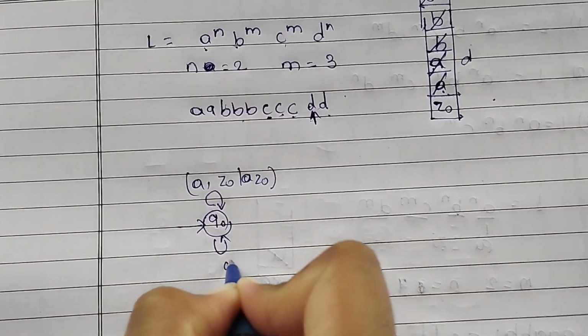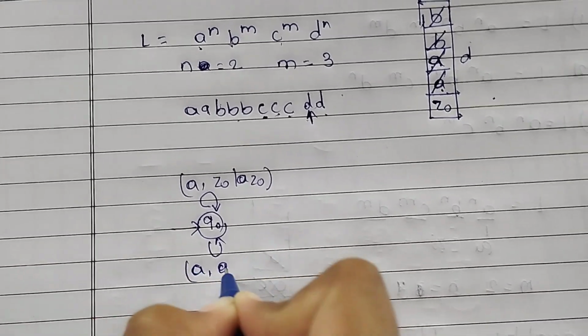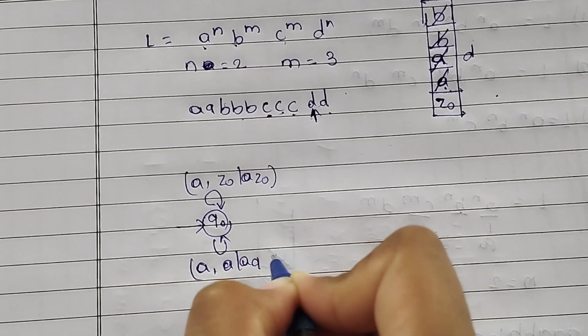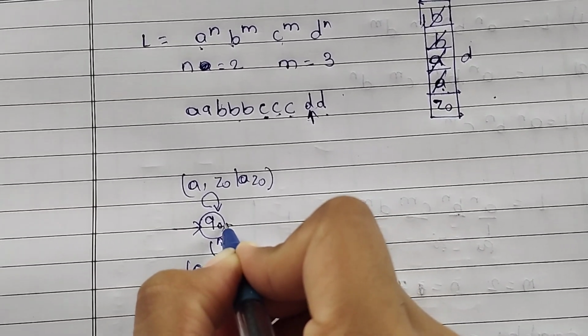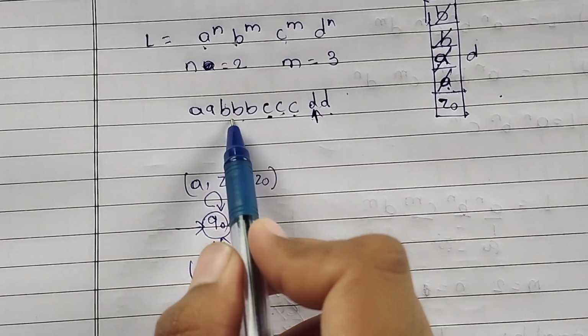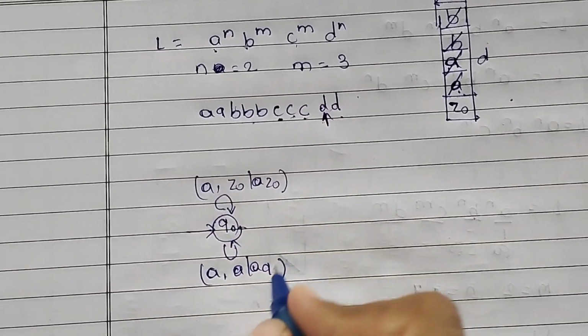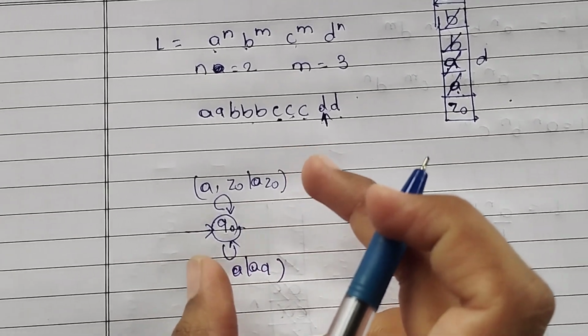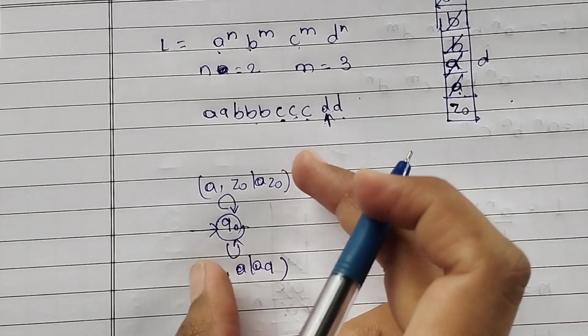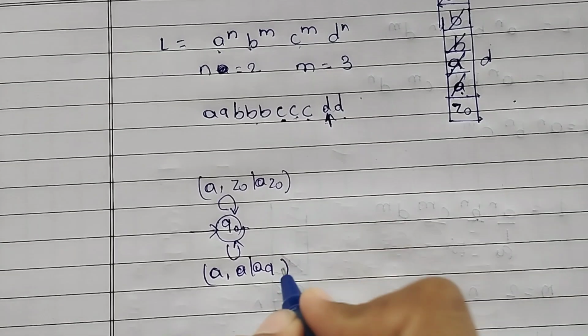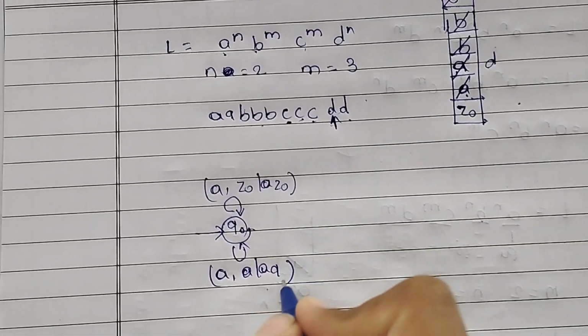Again A is present and we read A, that time AA, push the A's. Now again B is read, and we also want to push the B's. So we perform this transition in the same state because we want to push, not pop.